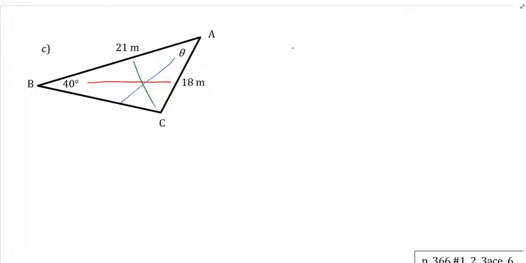Unfortunately. Jaden? You sure? Yeah. How am I going to do that? Okay, so use sine law to find C. And how's that going to help me?